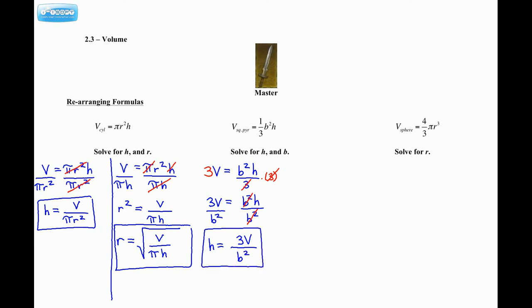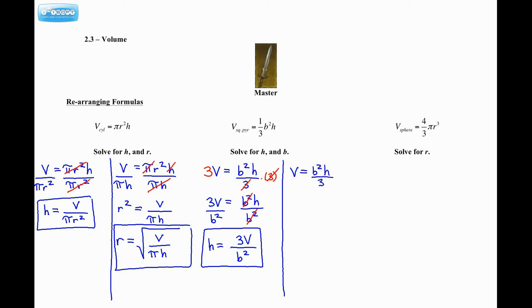There we are. Now let's do the same thing again, but we're going to solve for b, the base. So let's put a split here. Let's do that. So begin with the original formula, but I'm going to put it as I did here. I'm just going to divide the whole thing by 3. So this is v equals b squared h over 3.